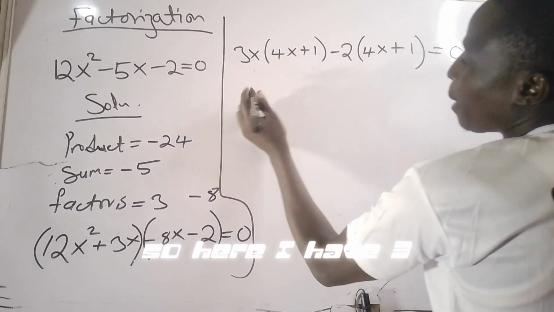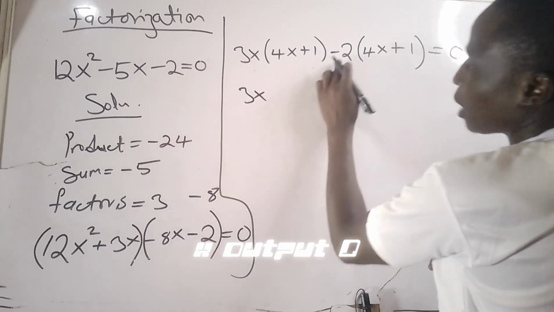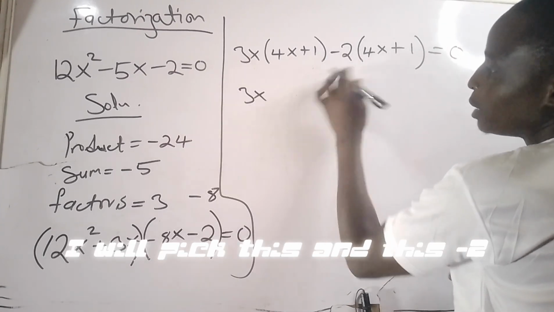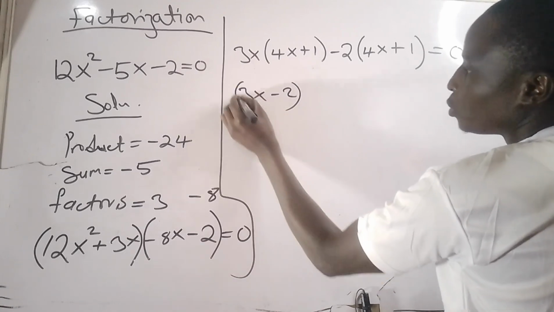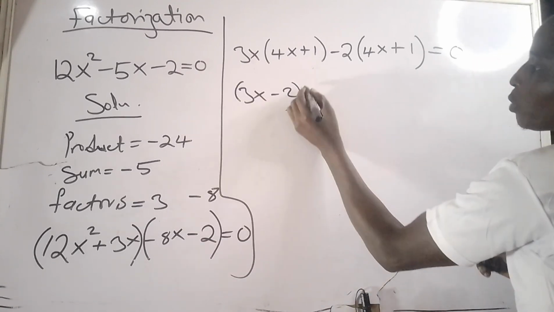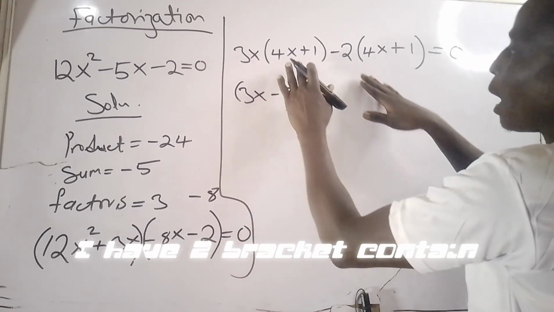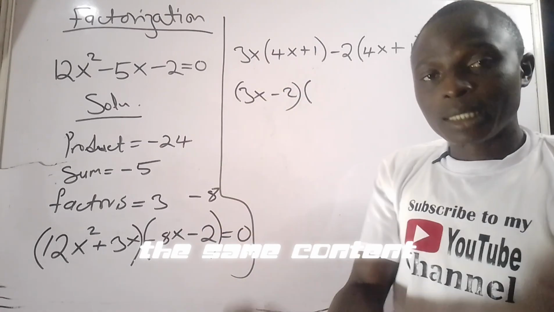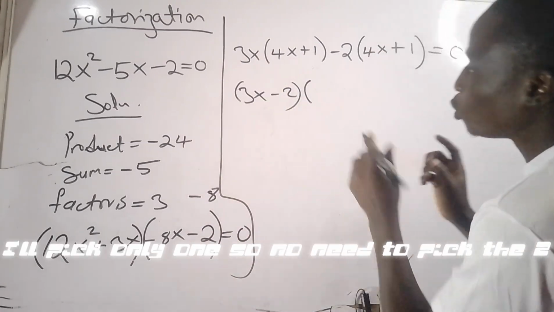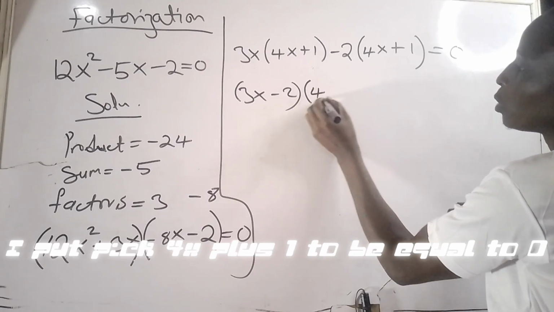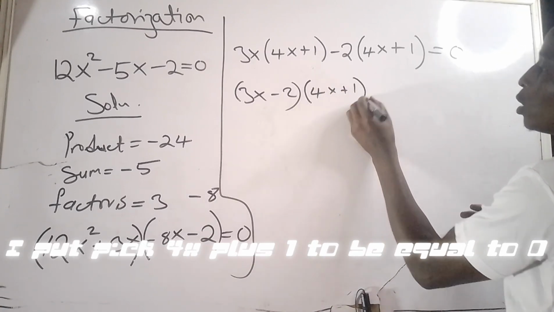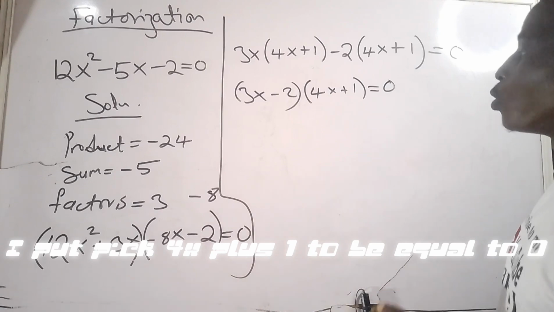So here I have 3x minus 2, and I open the bracket. I have two brackets containing the same content, so I'll pick only one: 4x plus 1, equal to 0.